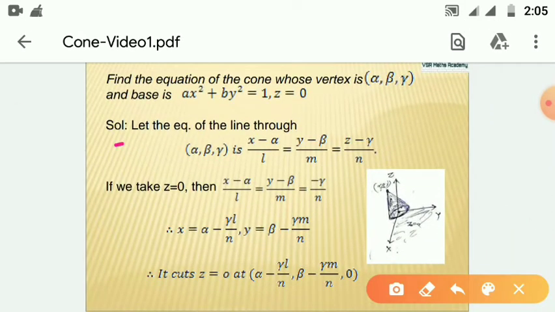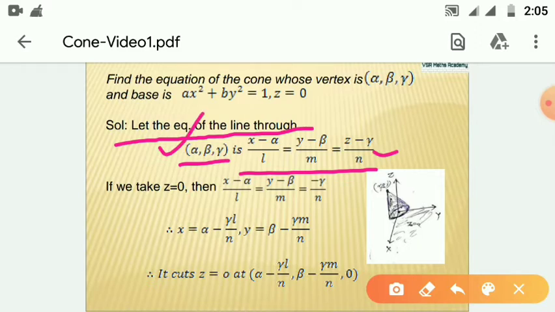Let the equation of a straight line through alpha, beta, gamma be written like this. We all know that (x minus alpha) by l is equal to (y minus beta) by m is equal to (z minus gamma) by n is the equation of the straight line passing through the point alpha, beta, gamma. l, m, n are the direction ratios of the straight line.